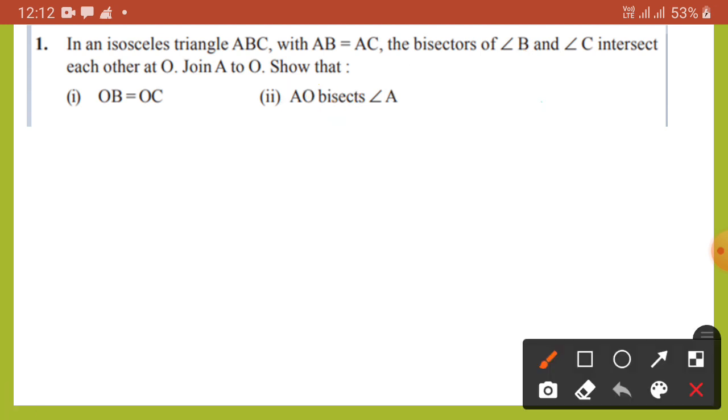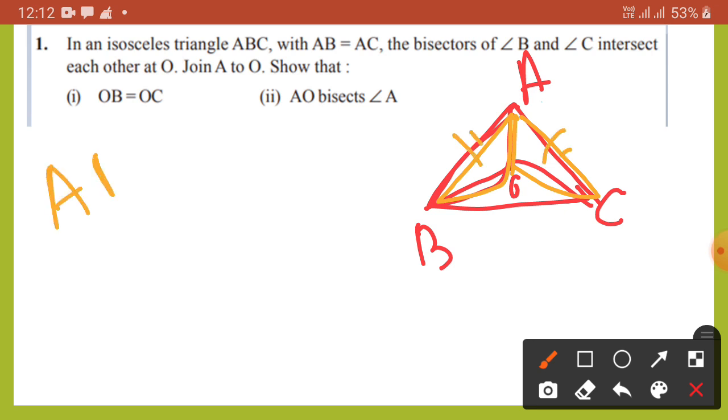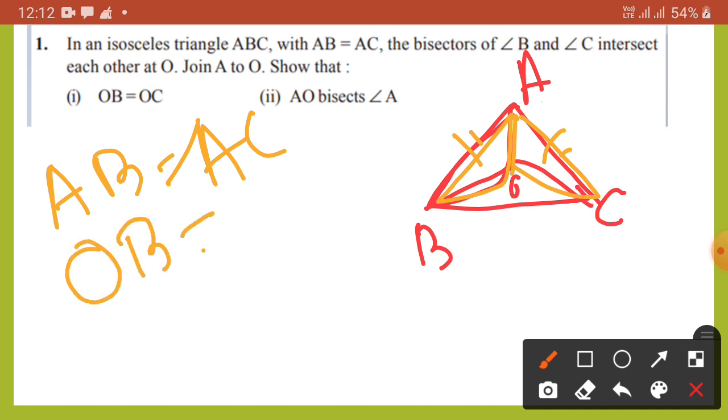So in triangle ABO and triangle ACO, AB equal to AC, OB equal to OC, proved above.